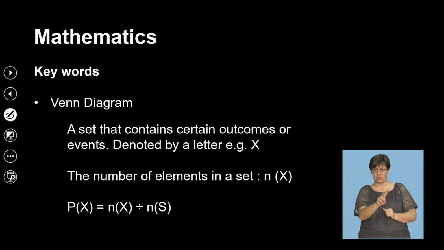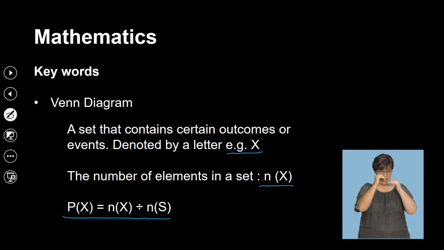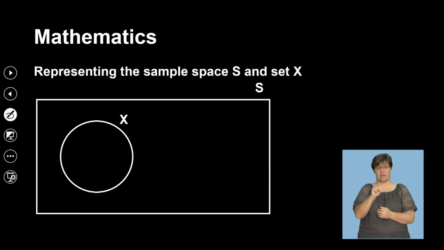So we notate a Venn diagram with an X, and you can say that the number of things in a Venn diagram would be n(X). The probability of X occurring, this is the theoretical probability, is the number of X divided by the number in the sample space.